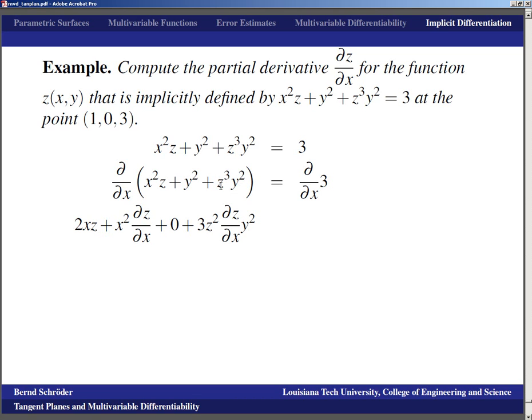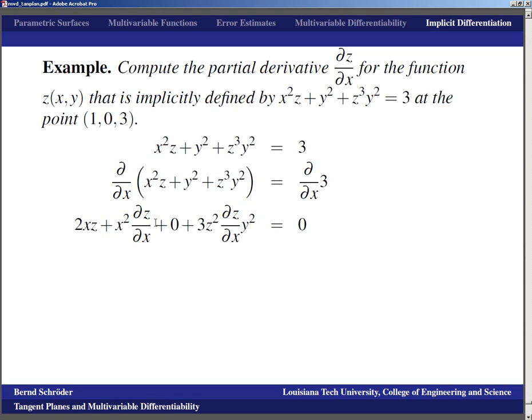So the partial derivative is 3z squared, 3 times whatever is inside squared by chain rule, times the derivative of the inside, which is the partial of z with respect to x. Y squared acts as a constant, so it is just copied. We don't need a product rule here.